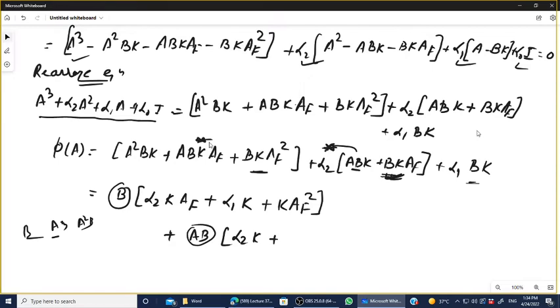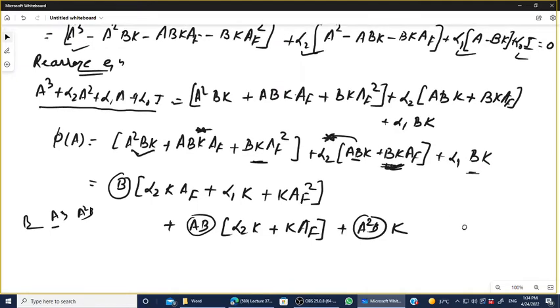From this term you can take KAF, right? And now take the value A square B, then the remaining term is nothing but this value. So for AB it becomes K, right?